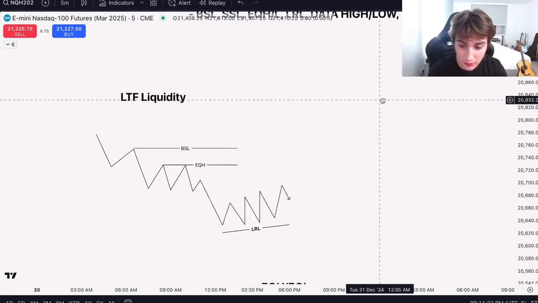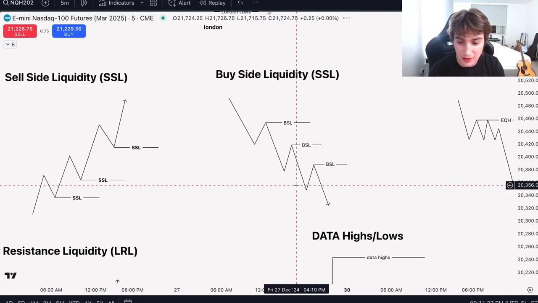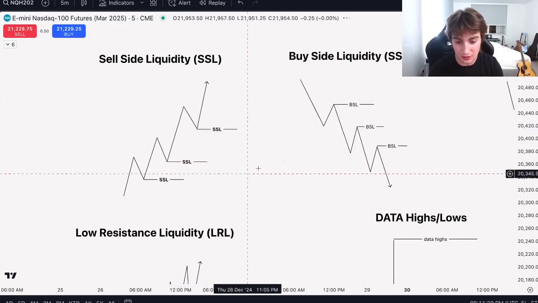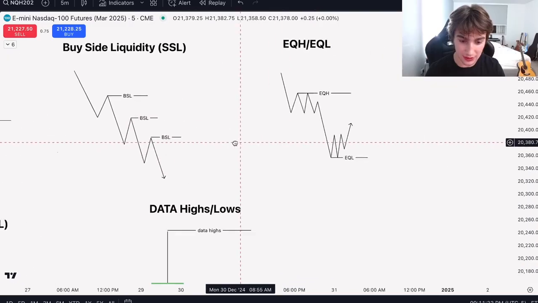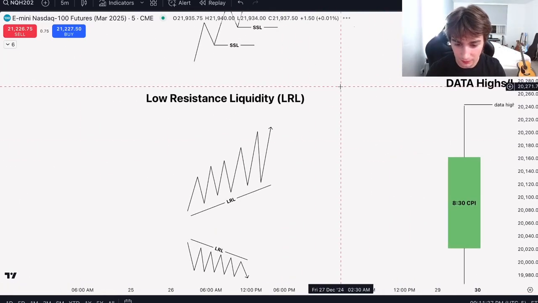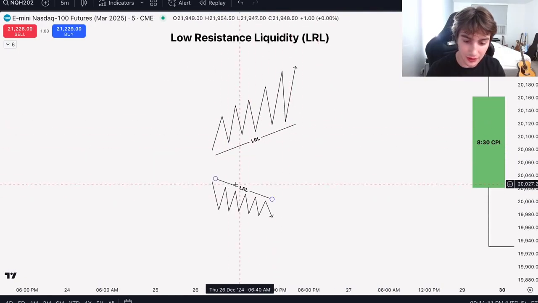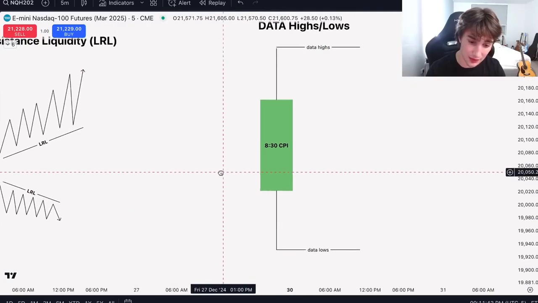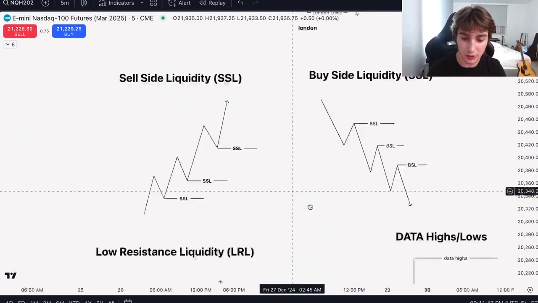If you want to refer back to this real quick, it should be as simple in your brain as analyzing like this. Sell side, swing lows. Buy side, swing highs. Equal highs, highs that traded to the same level. Equal lows, lows that traded to the same level. Low resistance liquidity, an accumulation of lows, and it could also be an accumulation of highs. And then data highs, data lows, the wick of a news candle.